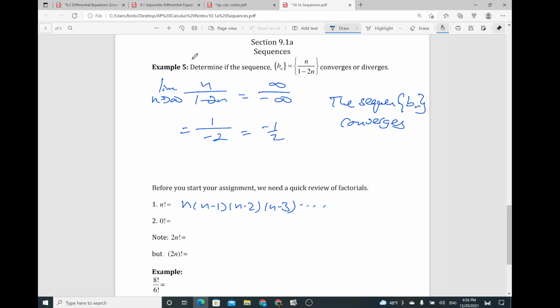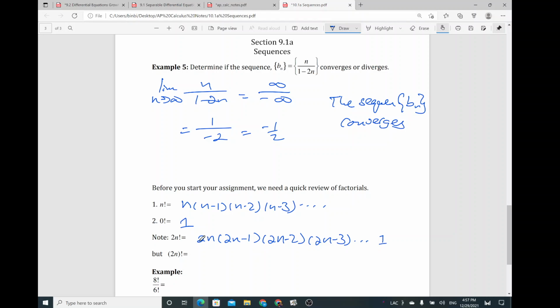It's because this links to the second half of the video, 9.1b. 0 factorial is always 1. And then 2n factorial is like 2n times 2n minus 1, 2n minus 2, 2n minus 3, and so on, all the way to 1.